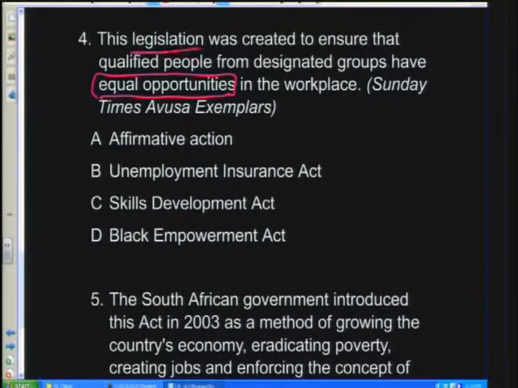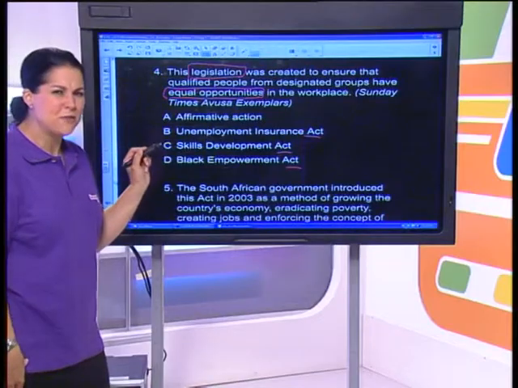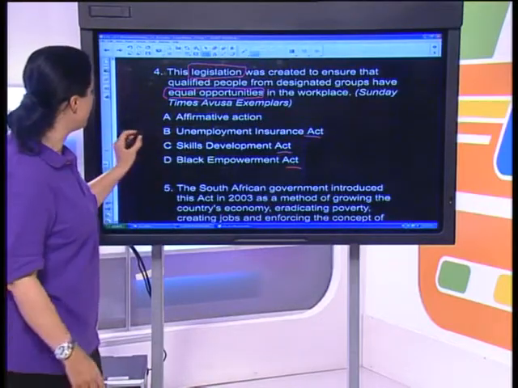This legislation, they didn't say this act. Although it means this is law, legislation means it's a law, they could have phrased it and said, this act was created. Now, if you look at it, affirmative action is actually the only one that doesn't have the word act. So already I'm thinking, maybe it is affirmative action, but let's look at the other options first.